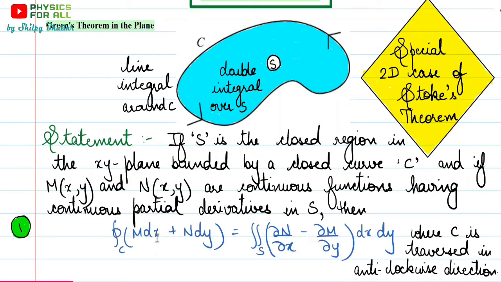See, M dx plus N dy integrated over the closed curve C is equal to the partial derivative of N with respect to x minus the partial derivative of M with respect to y, integrated over the surface. Since we are talking of the xy plane, we would have dx and dy for the double integral, right?